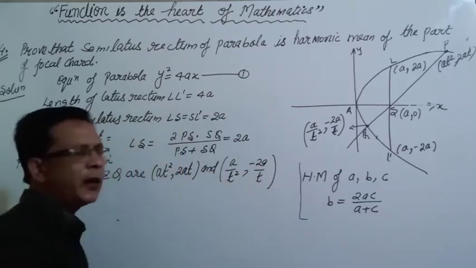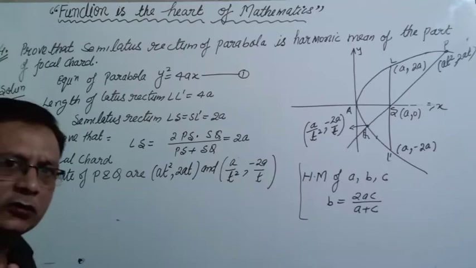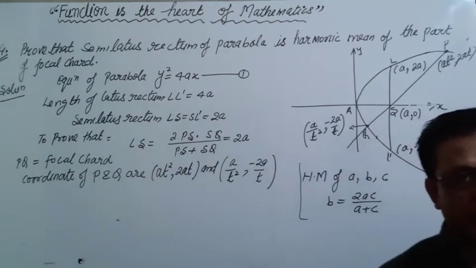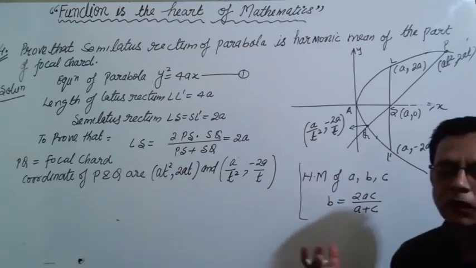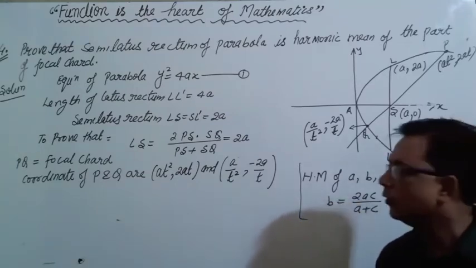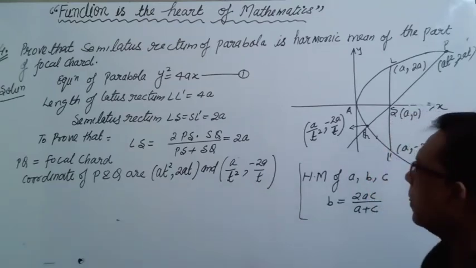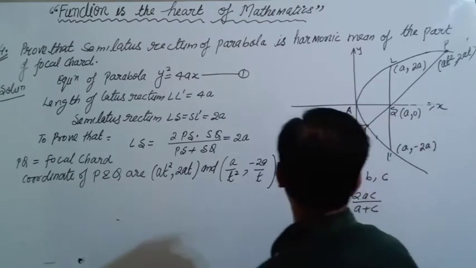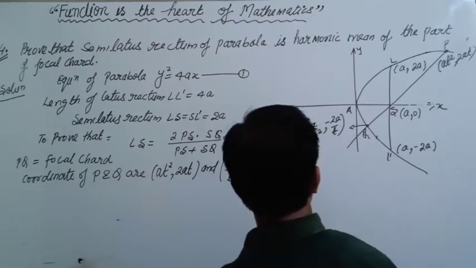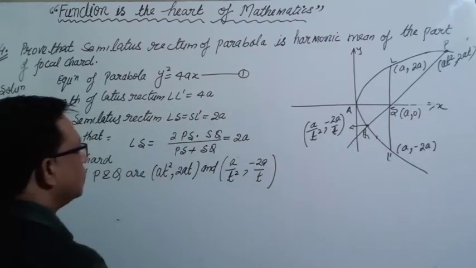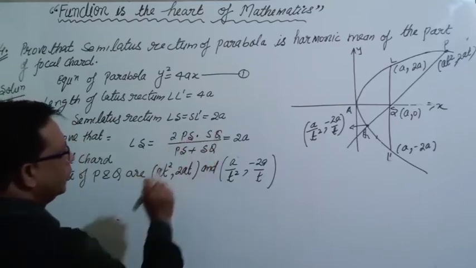Here we take a parametric point. In the introduction of the parabola I will describe what the parametric point of the parabola, at², 2at, is. Okay, so you learn this point. Now students, we find PS and SQ.